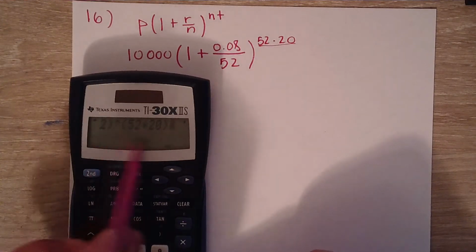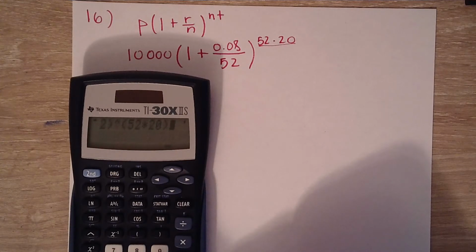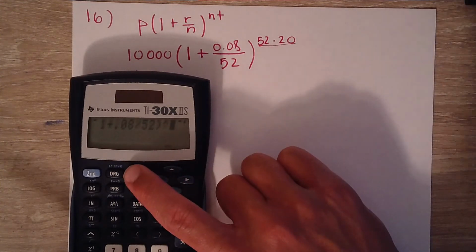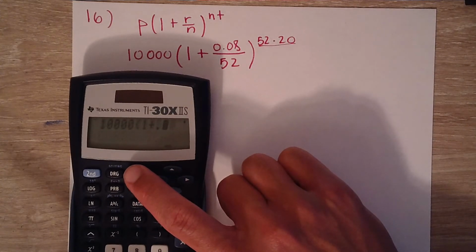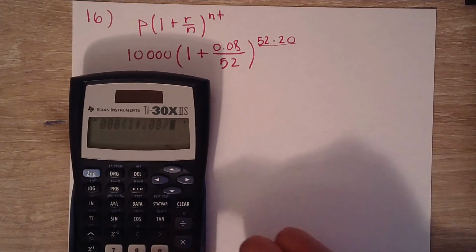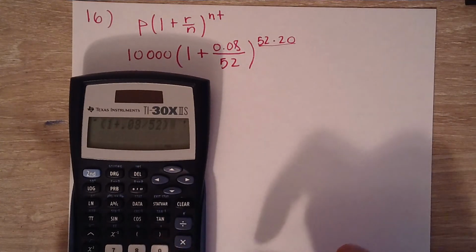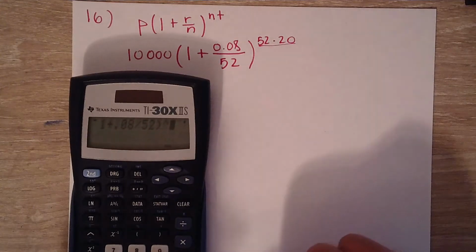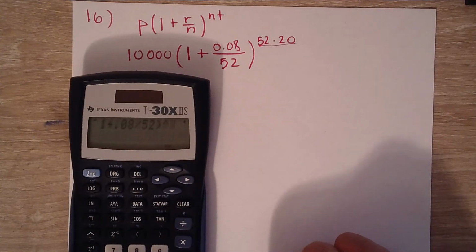So you can either do it like this, or as I said, I would prefer you just multiply that out, 52 times 20 first. Oops, I deleted it too much. Divided by 52, and that's going to be raised to the 1040 power. 52 times 20.